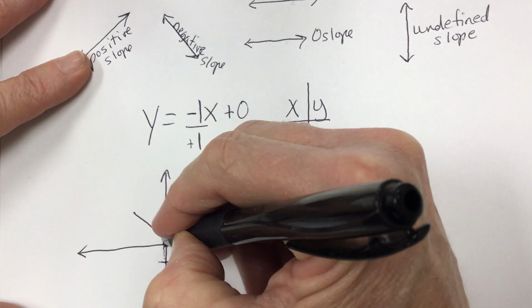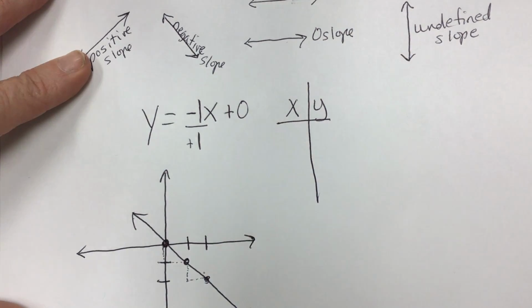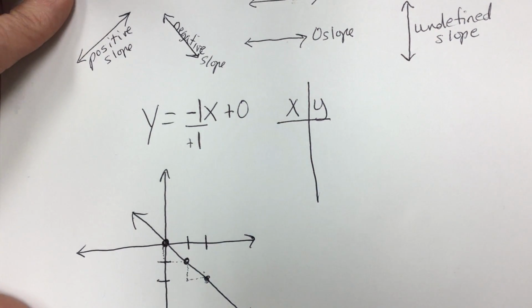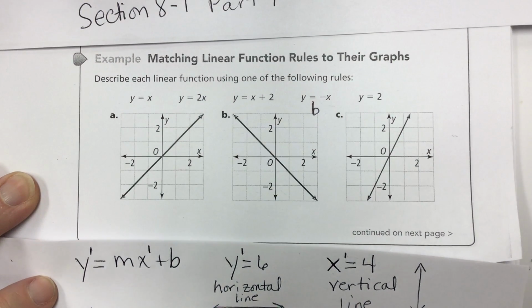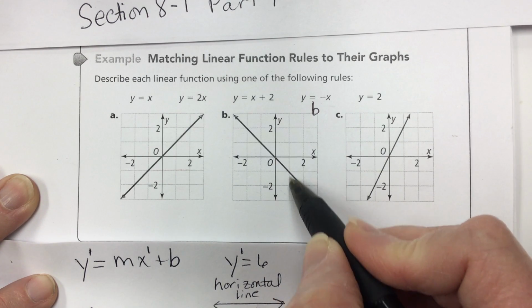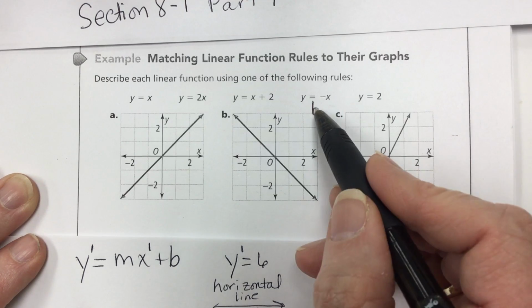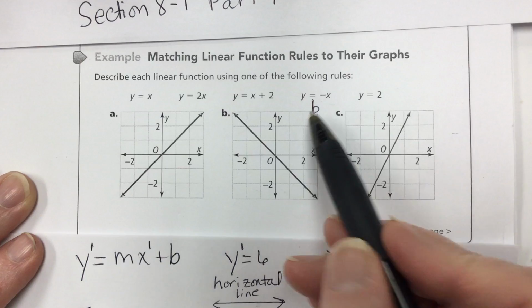So you see, here is the line, okay? So that's how you've been graphing it using rise over run. And you see that does look exactly like B that I have here. So yes, y equals negative x is B.